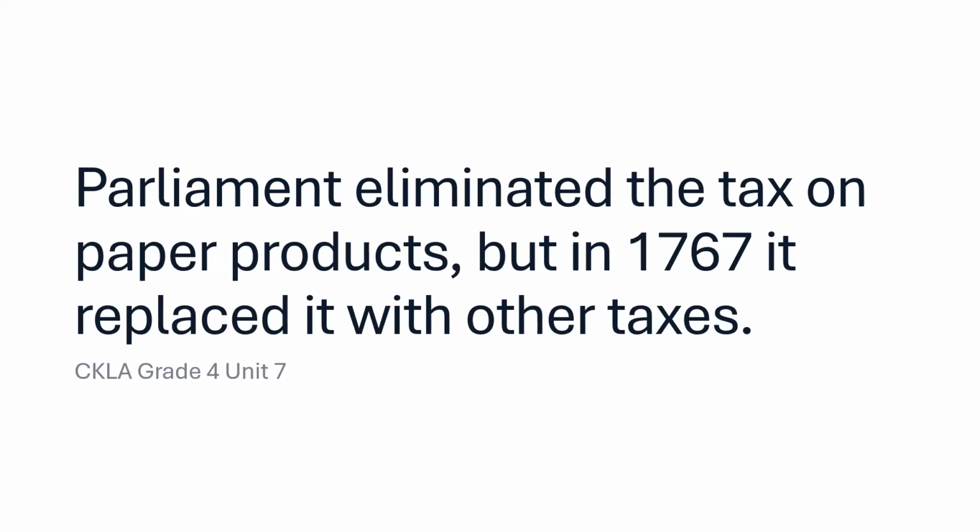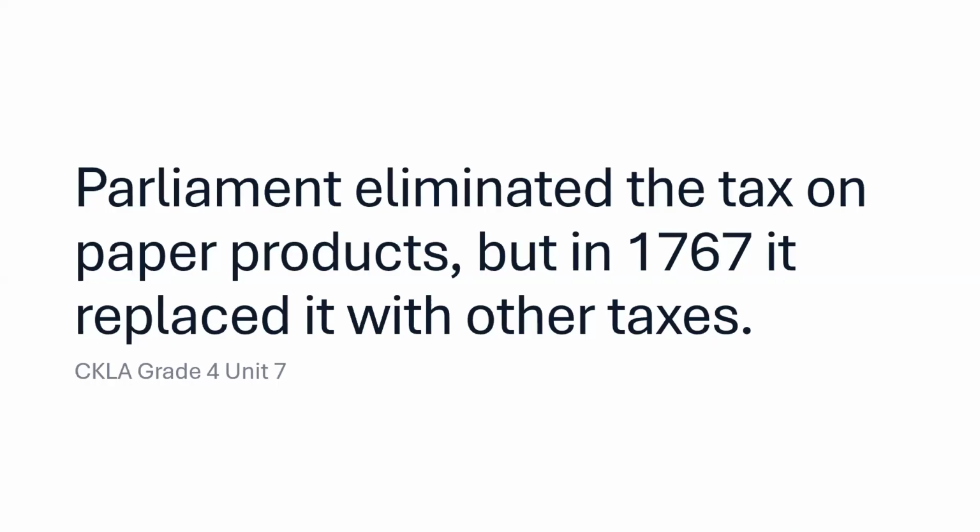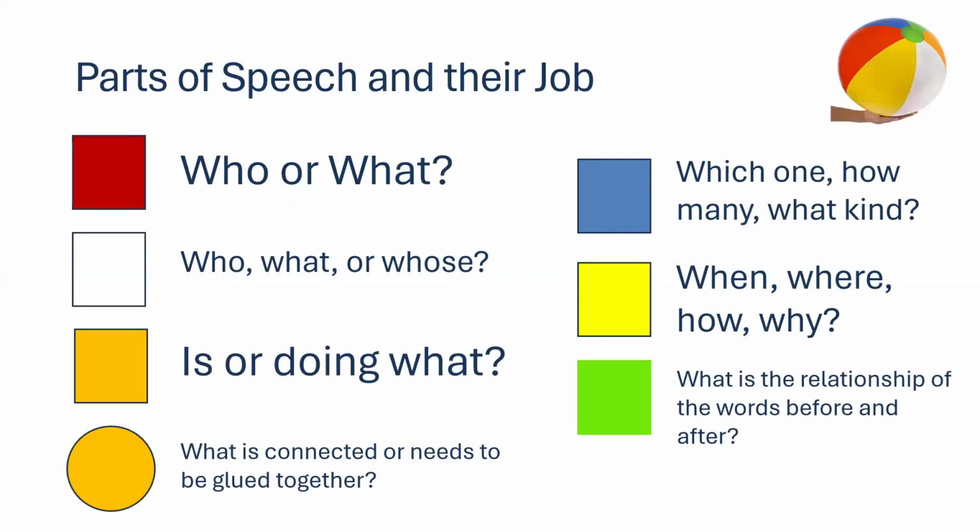one of the things we might do is use a beach ball. I have a beach ball here to show you. The colors on this one might be a little bit different than the one that I have, but I might put in a pocket chart the parts of speech and the questions that go along with the parts of speech.